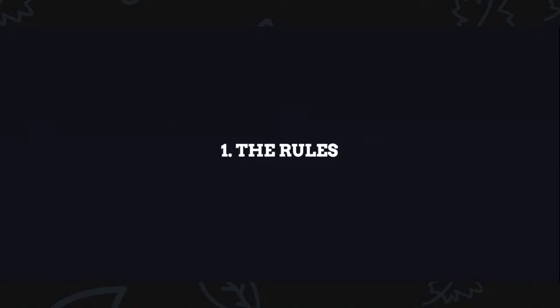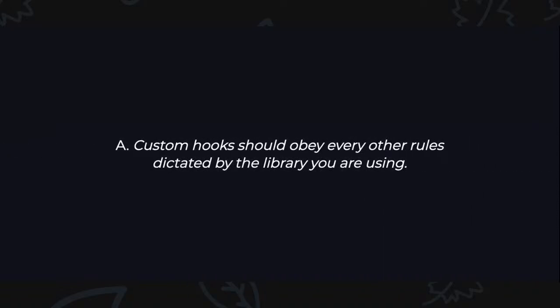Okay, first, let's establish here some ground rules. The first one, custom hooks should obey every other rule dictated by the library you are using. Every library has best practices and rules to use certain features, and that applies to hooks as well.